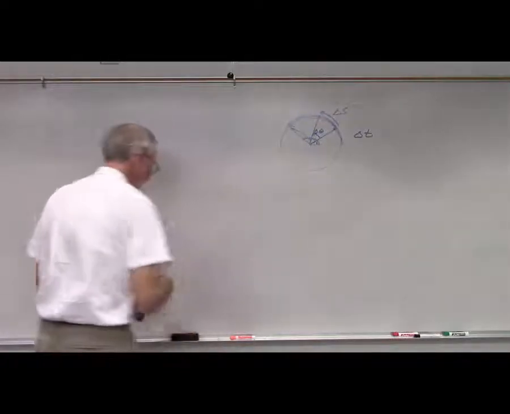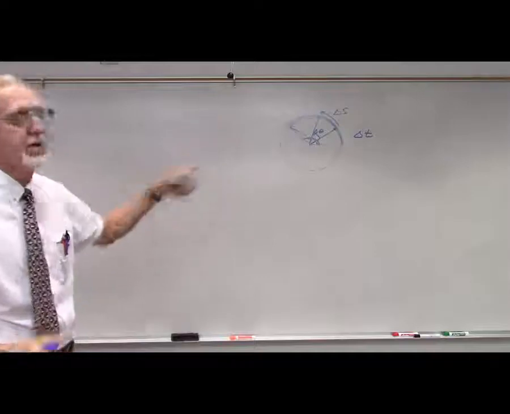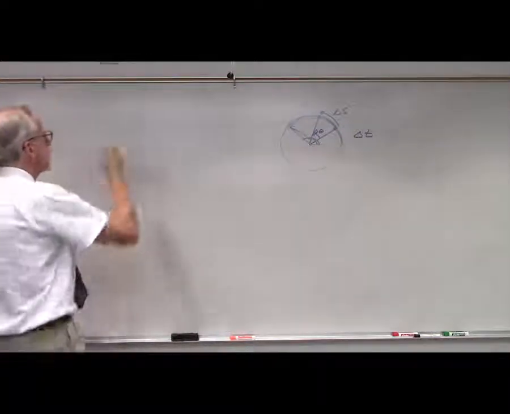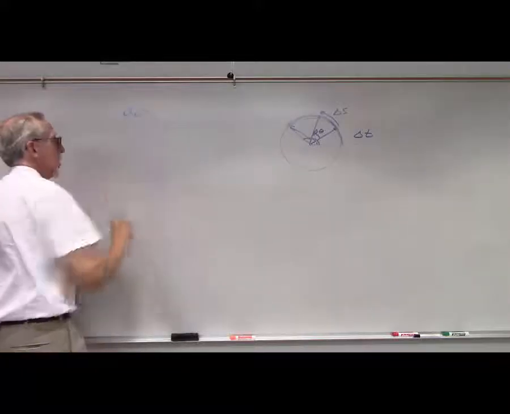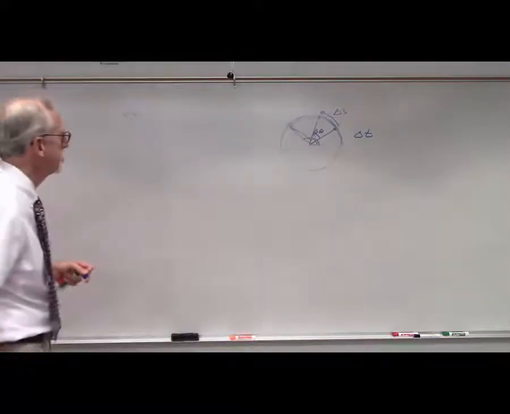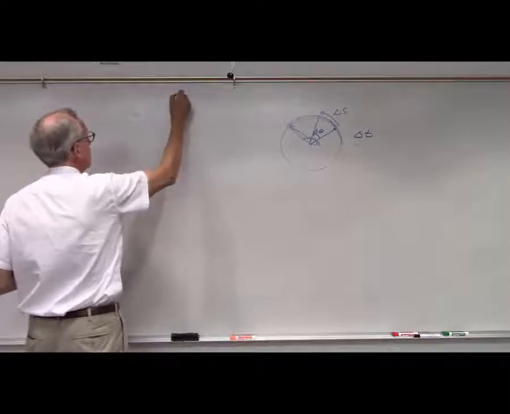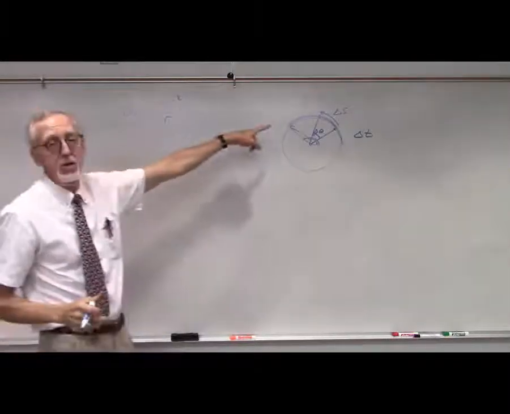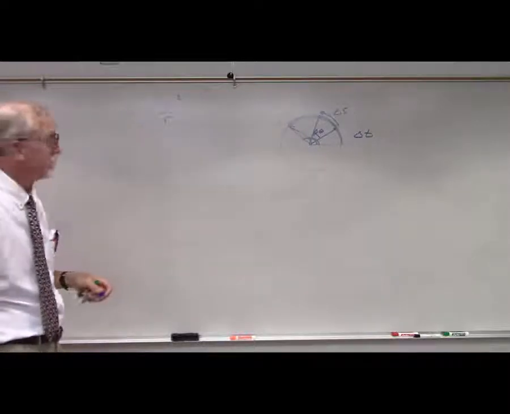We also know that for anything going around in a circle, we have a centripetal acceleration. And we know from our analysis of uniform circular motion, the centripetal acceleration was equal to v squared over r, where v is what we've been calling the tangential velocity.